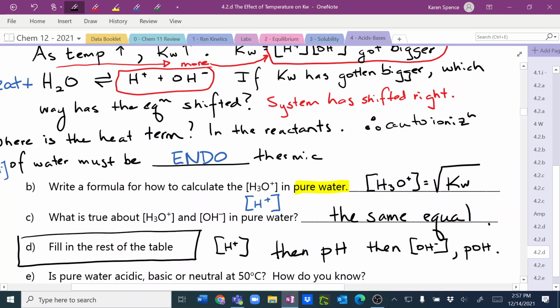You do it and I will do it as slowly as I can, and you can check your answers with me when you've done it, but try the calculations yourself, okay? You're going to use the fact that hydronium or hydrogen is the root of Kw, and you know the formula for pH, negative log.